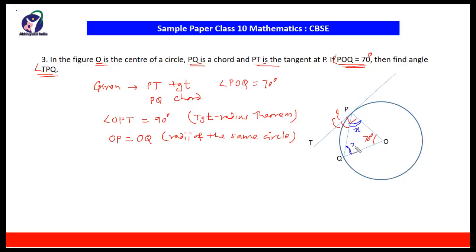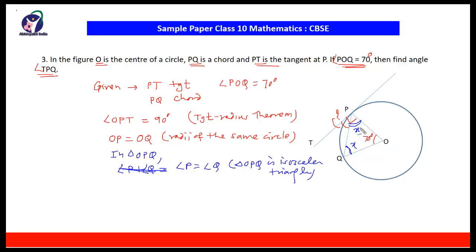So if this is x, this will also be x, and therefore we can say that in triangle OPQ, angle P is equal to angle Q. Reason: triangle OPQ is an isosceles triangle.